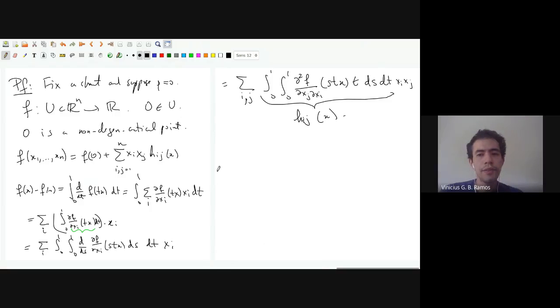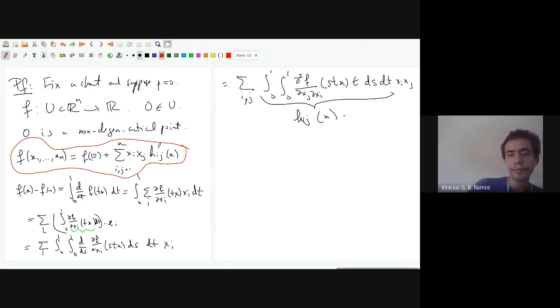So now we have the function in this form. What we have to do is use the inverse function theorem to make hij be the identity, or be the identity with pluses or minuses along the diagonal.